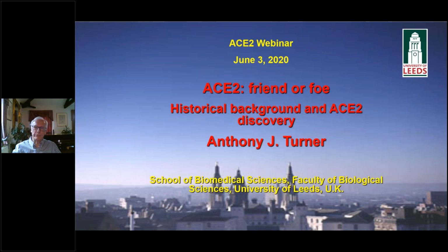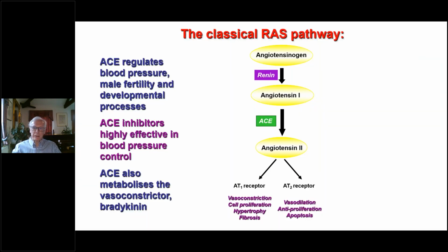Thank you, Rhian, and welcome everybody to our ACE2 webinar in which we hope to bring you up to date with the developments of recent years. Let me begin and re-emphasize what Rhian has mentioned, that the classical renin-angiotensin system pathway we have known about for very many years now, in which the vasoactive peptide angiotensin 2 is produced from the protein angiotensinogen in two proteolytic steps, one by renin and followed by the action of angiotensin-converting enzyme.